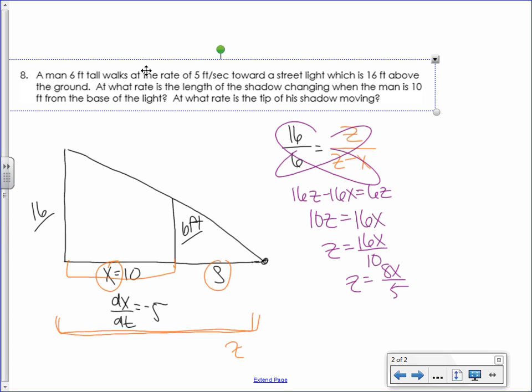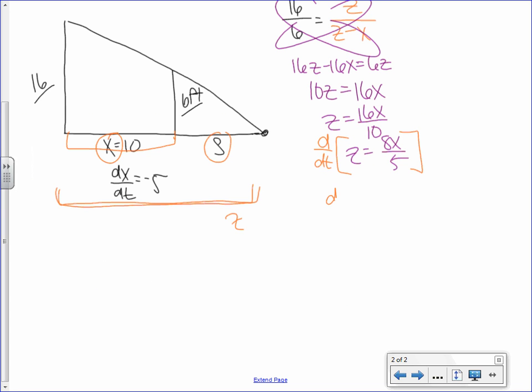Now, since we want to find the rate of change, we take the derivative with respect to time, and you get dz/dt is equal to 8/5 times dx/dt.